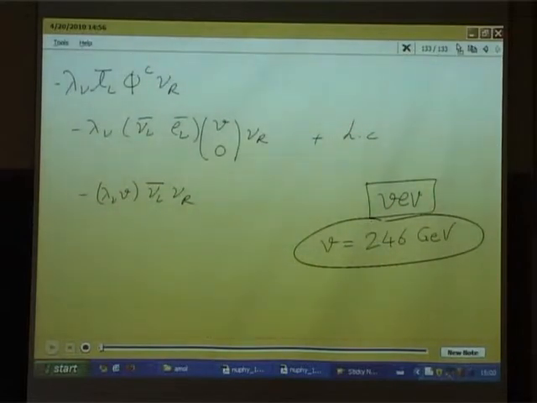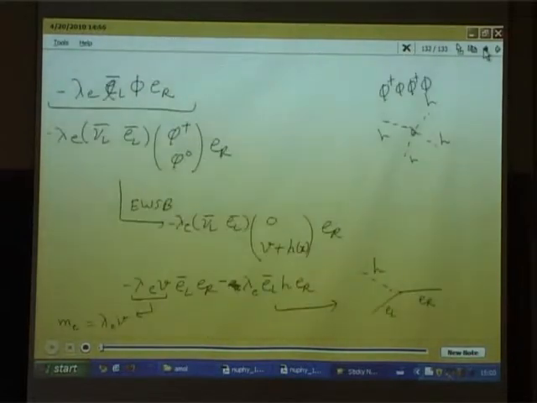So now that we know the coupling constant of H with the electron, what is this? This is lambda. Since you know the mass of the electron, which you measure, half an MeV, and we know v is 246 GeV, we know what lambda is. Therefore, we already know the coupling constant of e_L, e_R and Higgs.